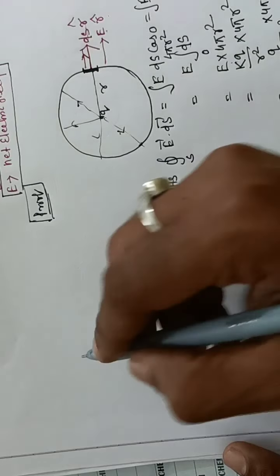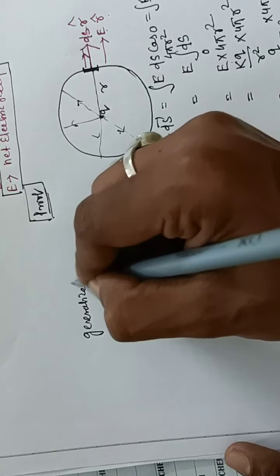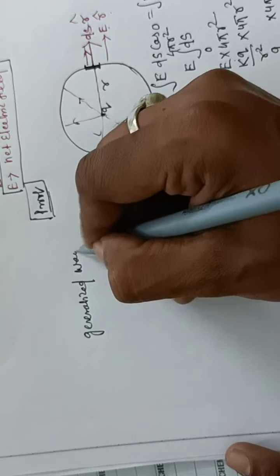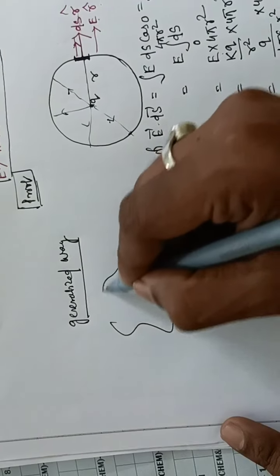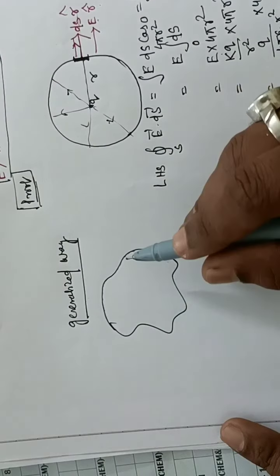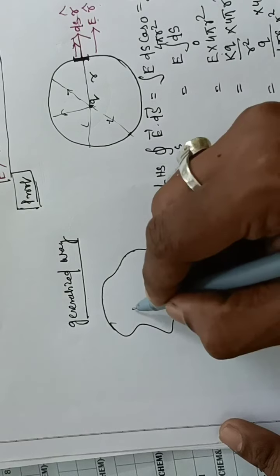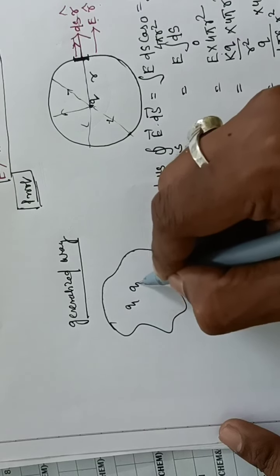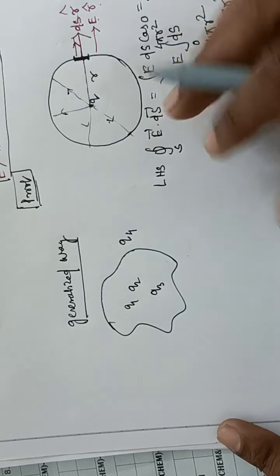If I want to generalize the Gauss law, if I want to explain it in a slightly more general way, I consider any random closed Gaussian surface, and this is q1, this is q2, this is q3. Suppose a q4 charge is outside.